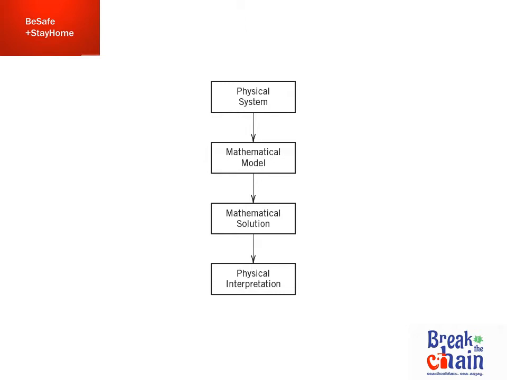Then we will solve the mathematical model by using some appropriate mathematical methods. And last, we will interpret the solution and check that it suits our physical system very well. So these are the steps involved in the process of modeling.